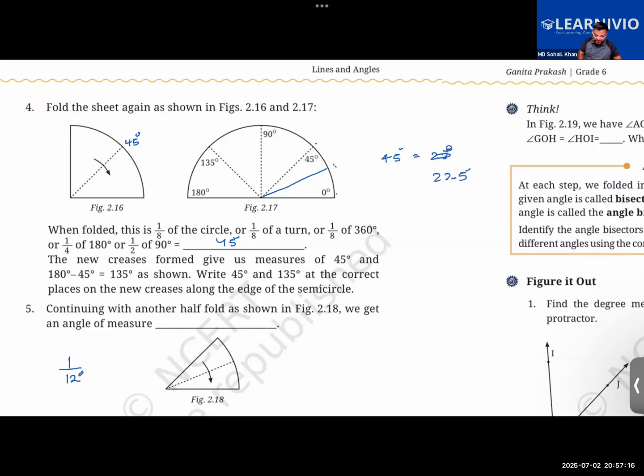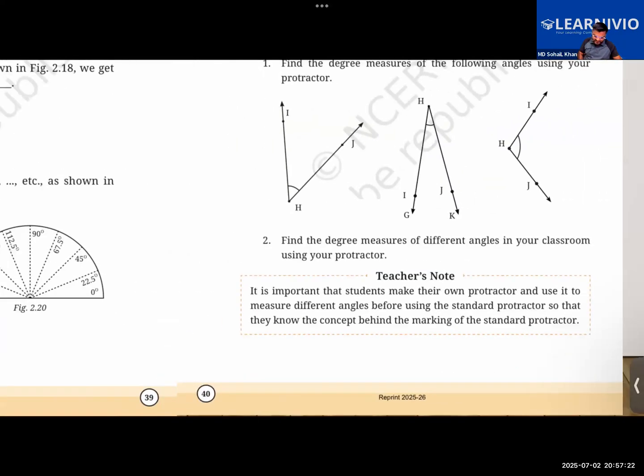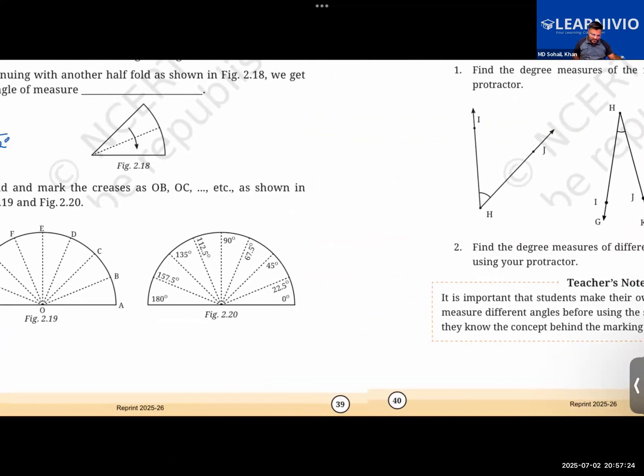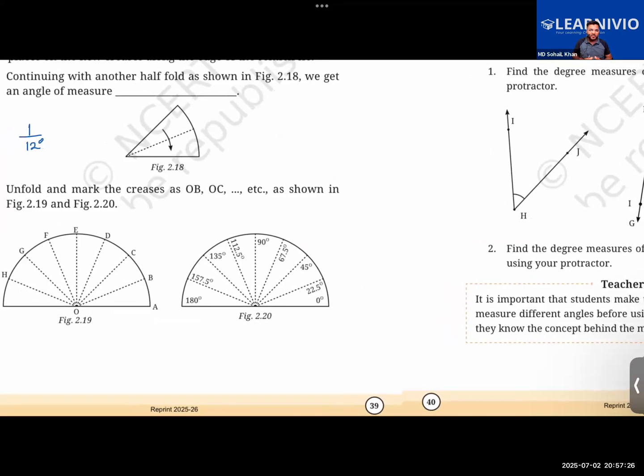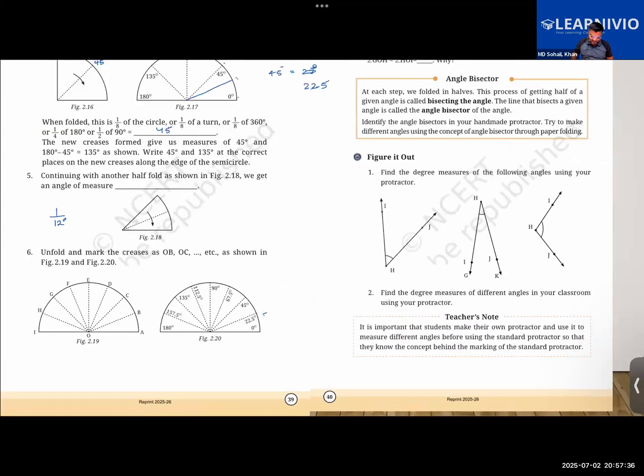Getting it, everyone? So that's going to be 22.5 degree, as you guys can see over here, right? So when finally you will be unfolding the semicircle, these are the different markings that you can get on that. Hope you guys have understood this.